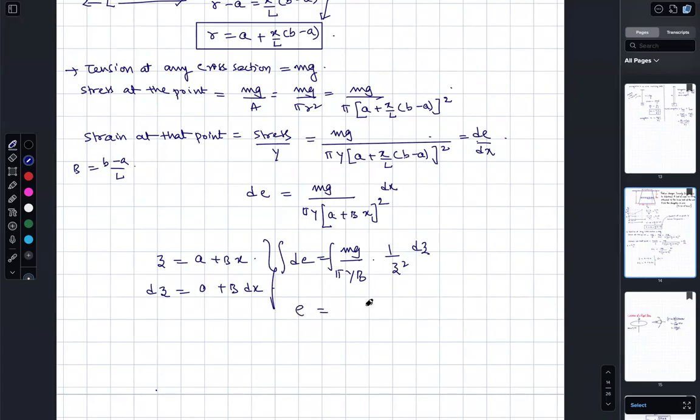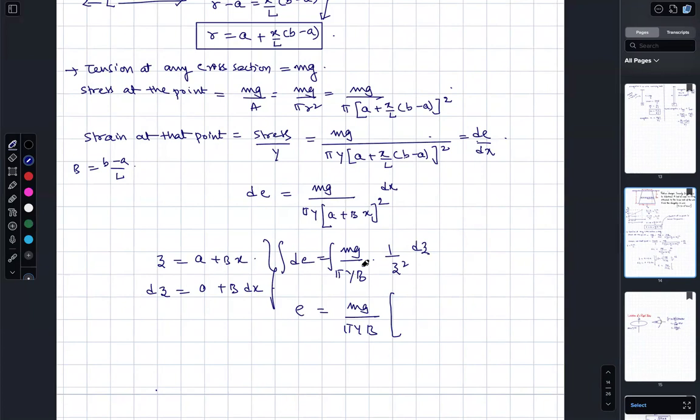So the total elongation is mg by pi Y b times the integration, which is minus 1 by z. Please help me in writing the limits.